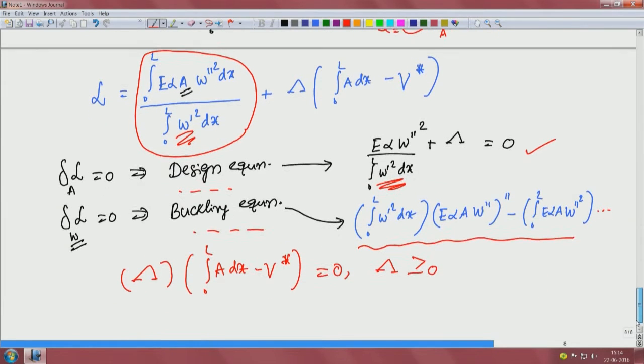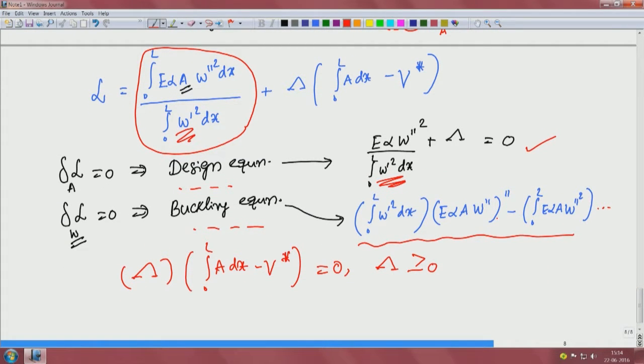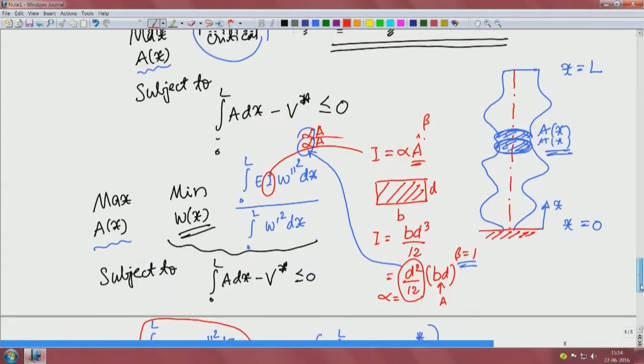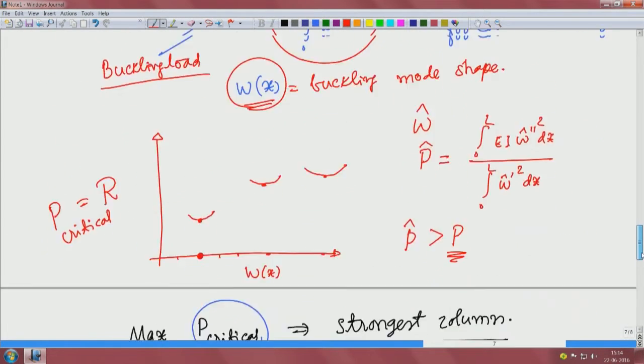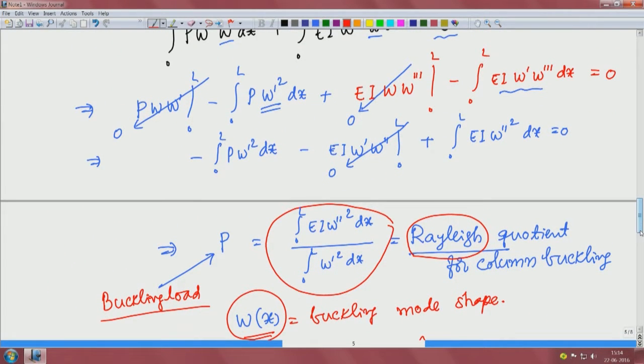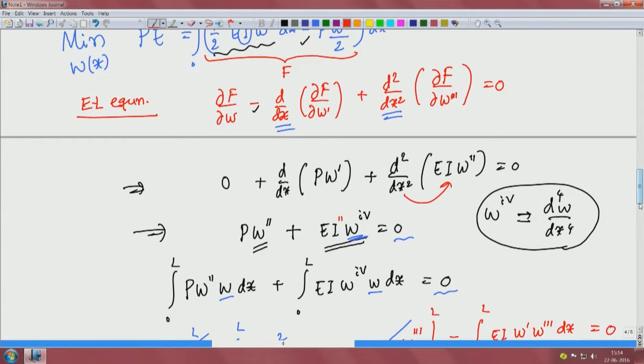If we just do it like this, there will be a problem, because we assumed that the area of cross section is constant, but now we are talking about it being variable. So, we have to rederive that equation. That is easy enough. It is just that in these steps we should not forget that I is varying, so there will be two terms coming. Over here we will have E I prime W double prime, plus there will be two terms.